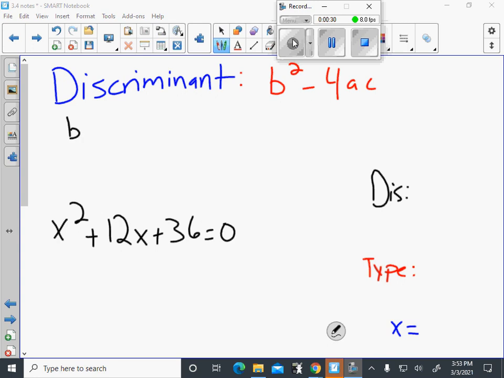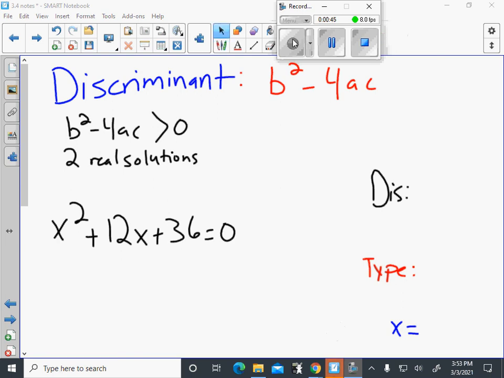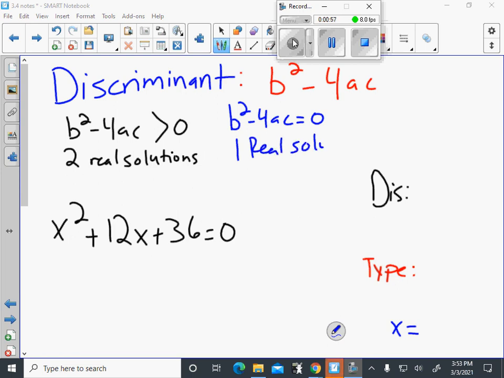If b squared minus 4ac is greater than 0, we have two real solutions. If b squared minus 4ac equals 0, we have one real solution.